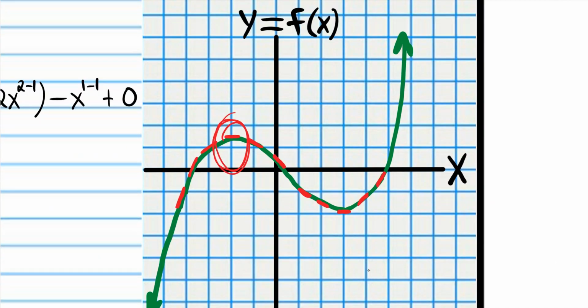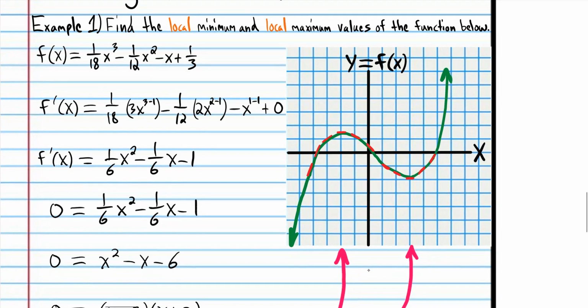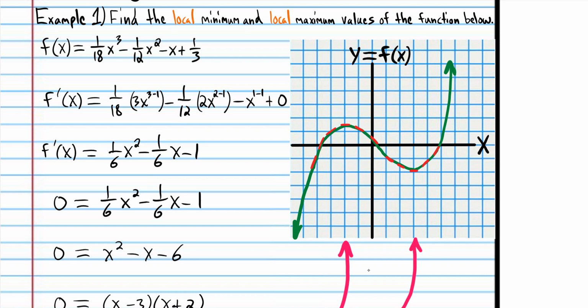Now these are local maxima and minima. Notice that we're looking for the local maxima and minima, because there actually is no absolute maximum and minimum value for this function, because the function just keeps going down, down, down, and it keeps going up and up and up forever. So calculus helps us to find the locations of these maxima and minima.